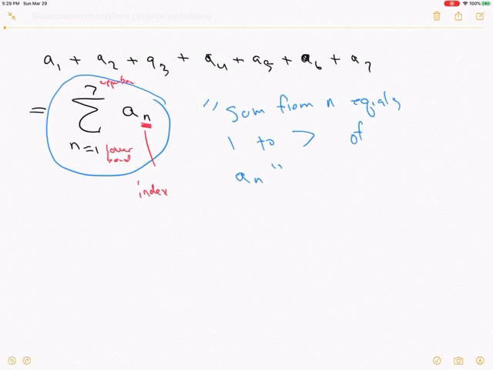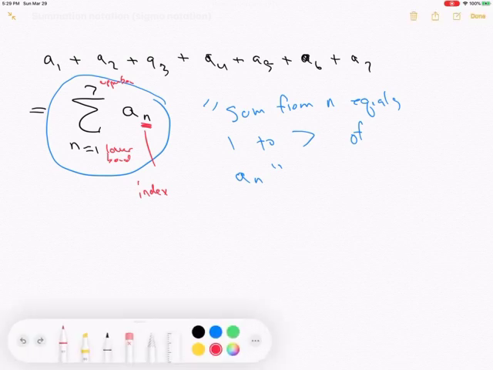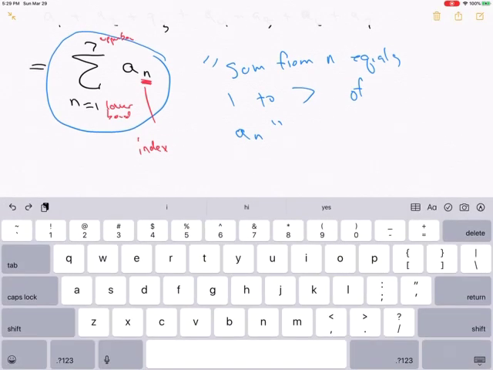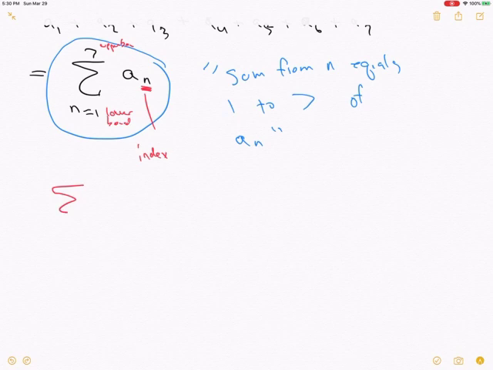This is called summation notation, and it's also called sigma notation, because this symbol here is sigma, which is a letter in the Greek alphabet. It's actually capital sigma.